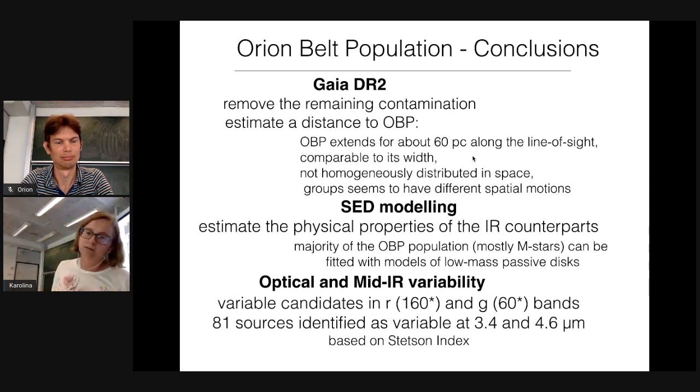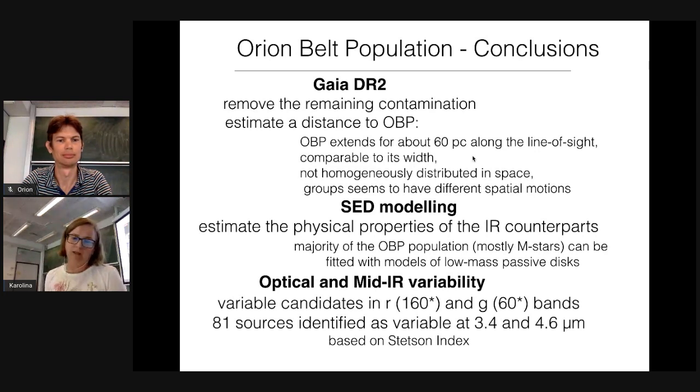We know it's not homogeneously distributed in space, and the group seems to have slightly different spatial motions. Based on the SED modeling, we know those are mostly low-mass M stars with low-mass passive disks.